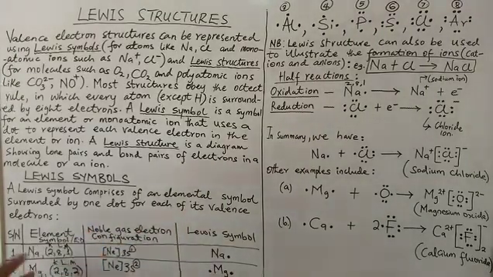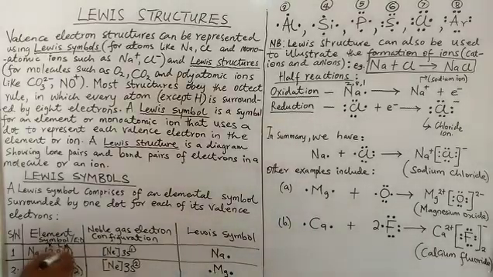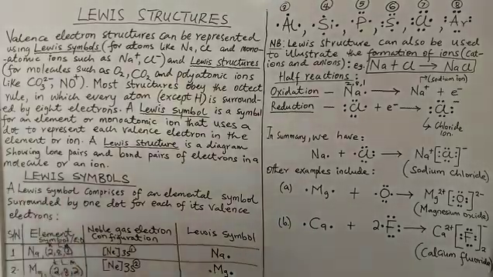So, the first example is sodium with the elemental symbol Na. Of course, you know sodium has the electron distribution by shell, KLM, as 2, 8, 1. Therefore, you agree with me that the number of electrons in the valence shell is 1.